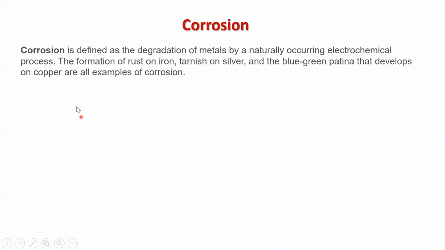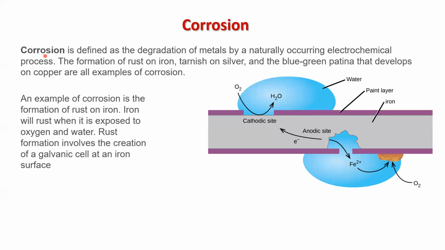Okay, when we talk about corrosion, corrosion is another type of redox reaction. Again, it's an electrochemical process. So to give you an example, here we have some iron. And typically iron is coated with something so that it can't rust.